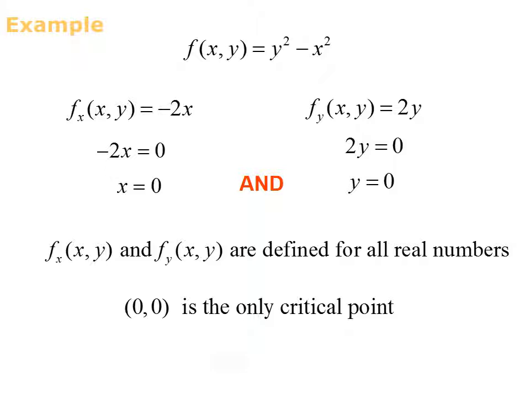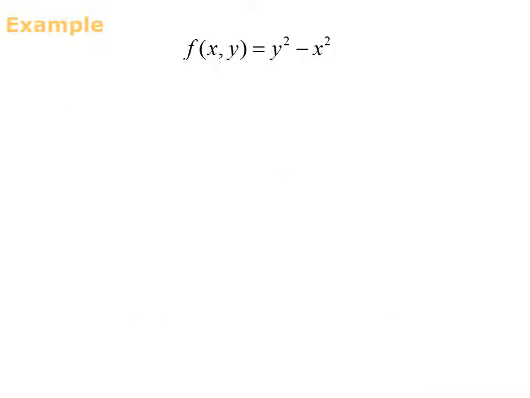We plug those in and we get a function value of 0. So now we need to know around the point (0, 0), do all the points have values bigger than 0 or smaller than 0? So let's take a look at values along the x-axis.